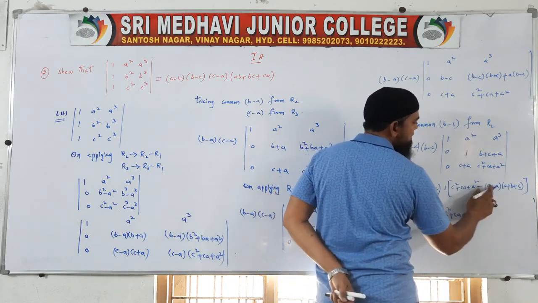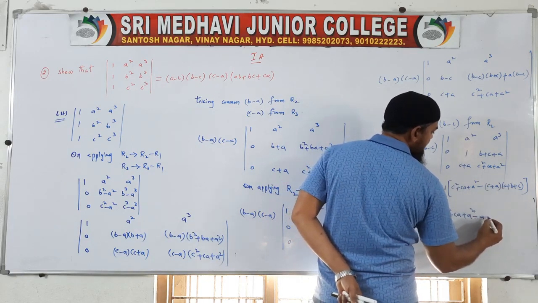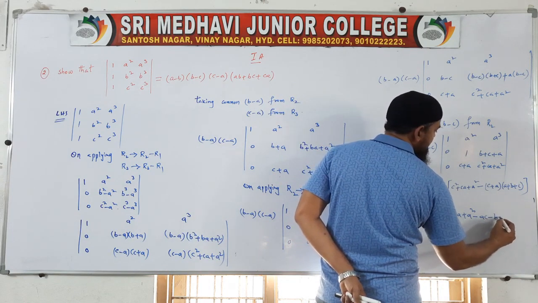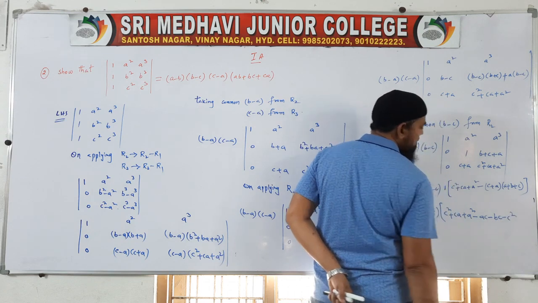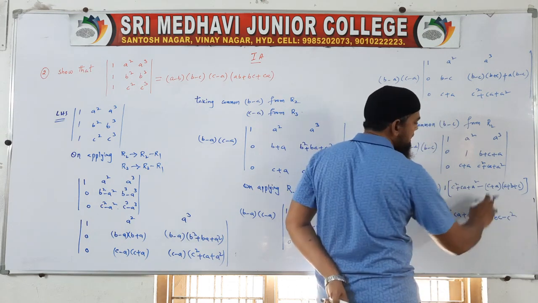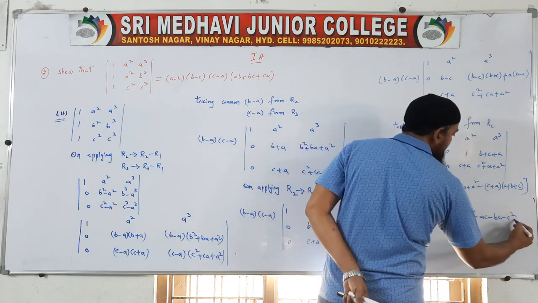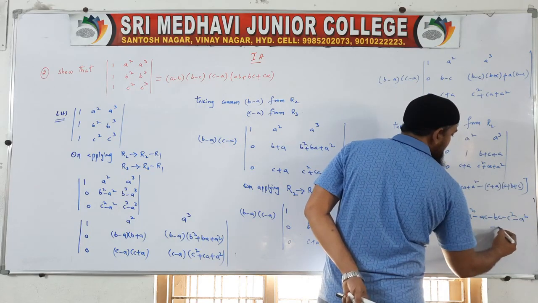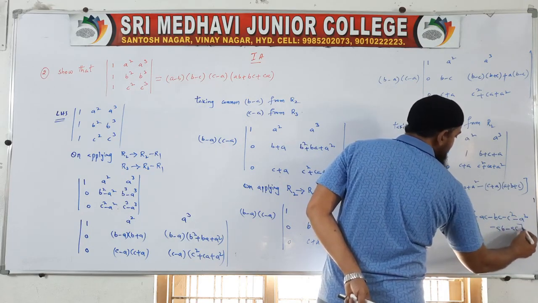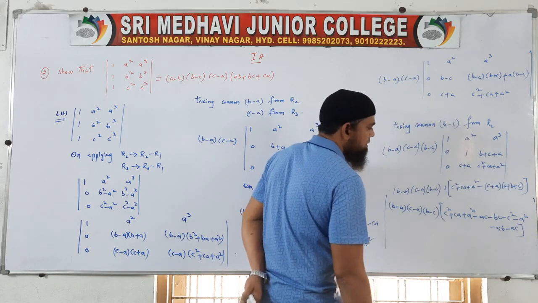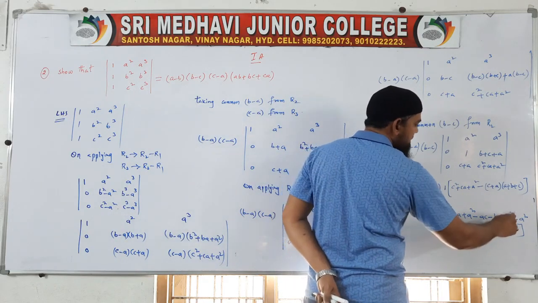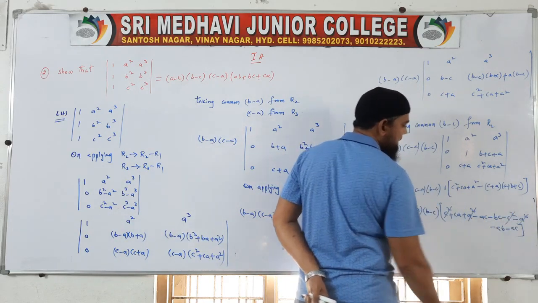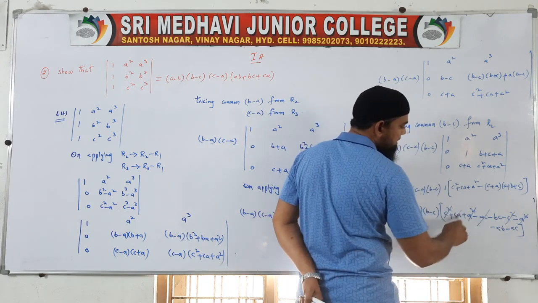When I multiply with C here: minus AC, minus BC, minus C square. All the terms have minus only. Now multiply with A here: minus A square, minus AB, minus AC. Which terms are going to be cancelled here? Plus C square minus C square, plus A square minus A square cancel, and plus AC minus AC also cancel.